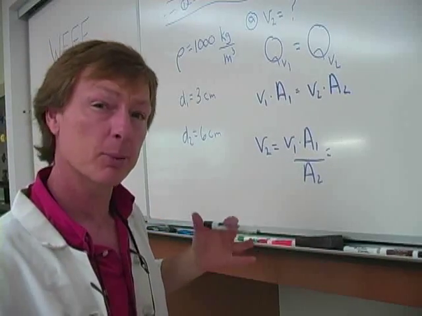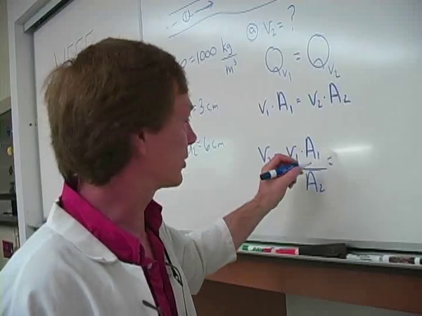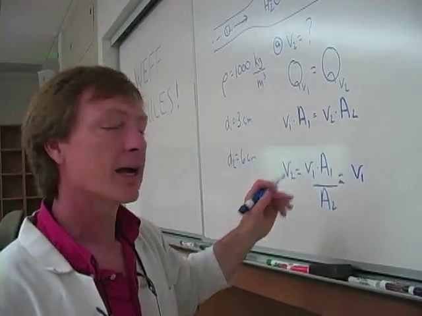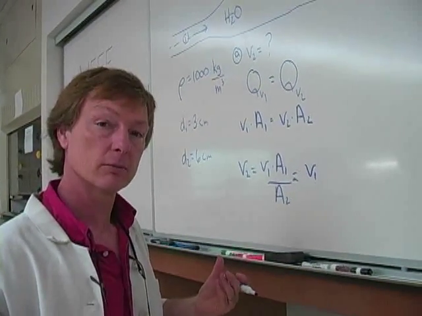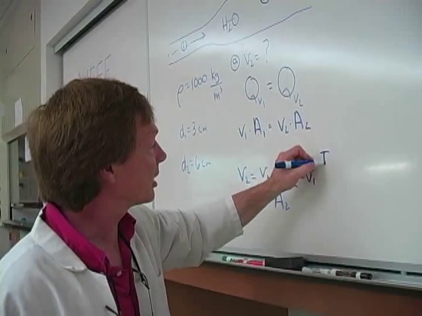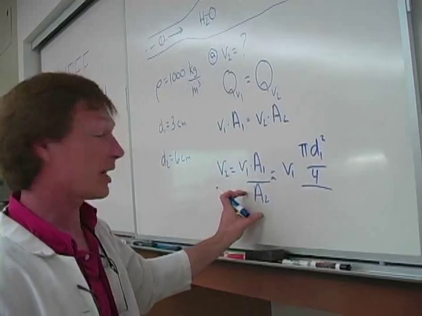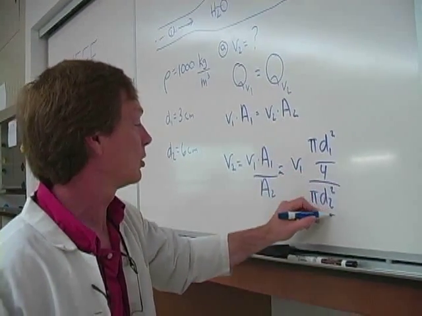But what I'm going to do is put the equation for area in. I'll show you how it makes it simpler. It looks ugly at first, but here's my V1, velocity at 1, and instead of area it's pi times the diameter squared over 4. So the first area will be pi times d1 squared over 4, divided by the second area, pi times d2 squared over 4.